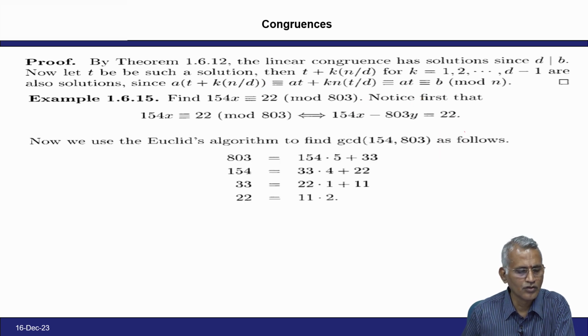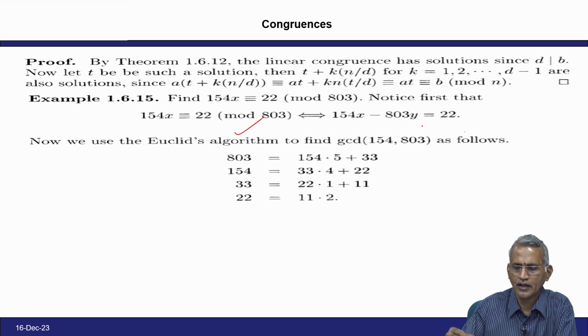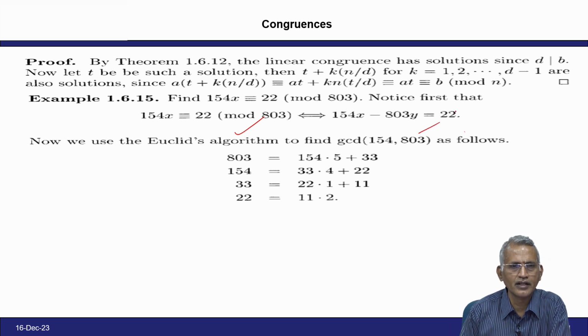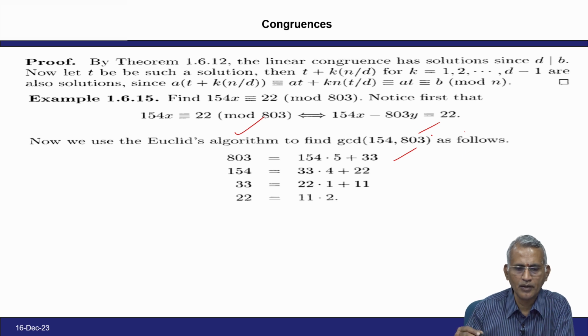Now, we have to use Euclid's algorithm to find the GCD of 154 and 803 as follows. 803 is equal to 154 into 5 plus 33, and 154 can be expressed as 33 into 4 plus 22. Then 33 can be expressed as 22 into 1 plus 11, and then 22 can be expressed as 11 into 2 plus remainder 0.